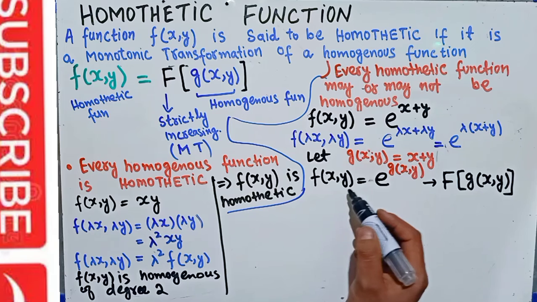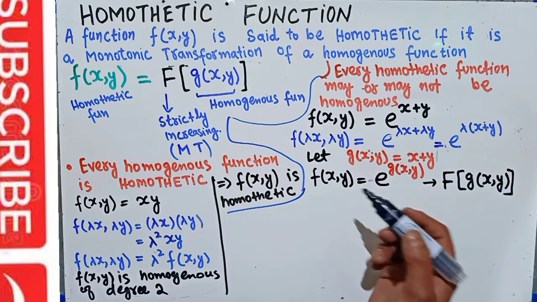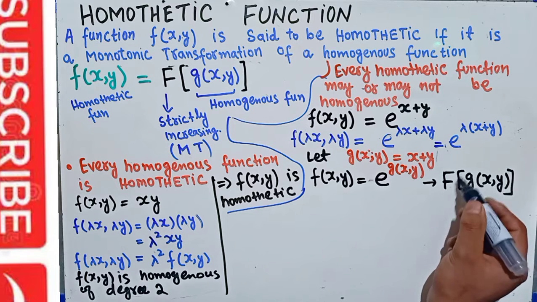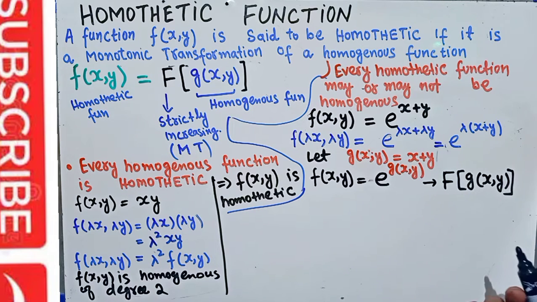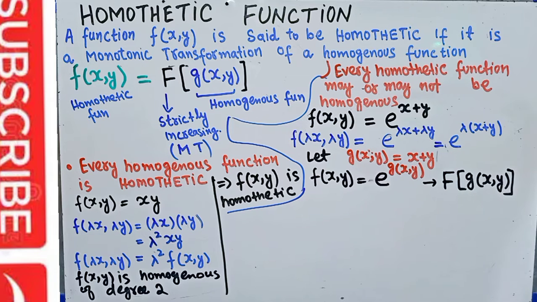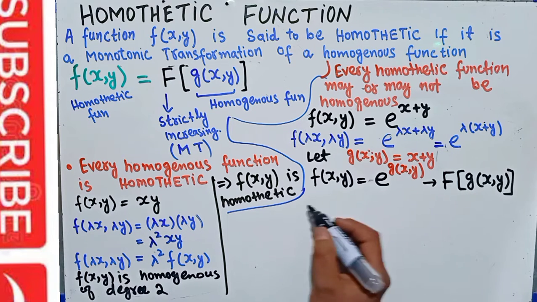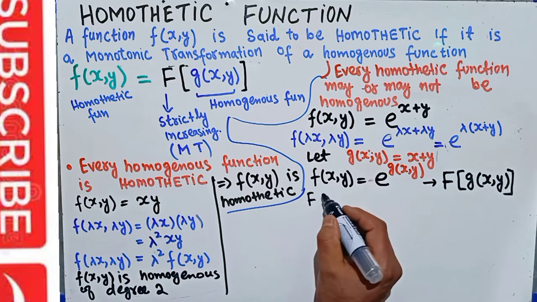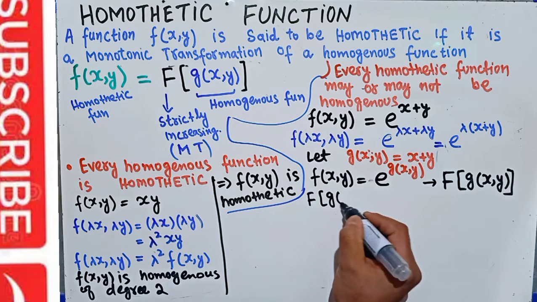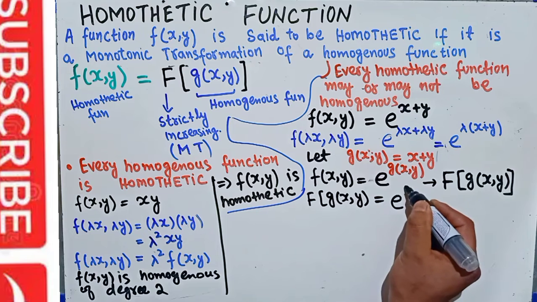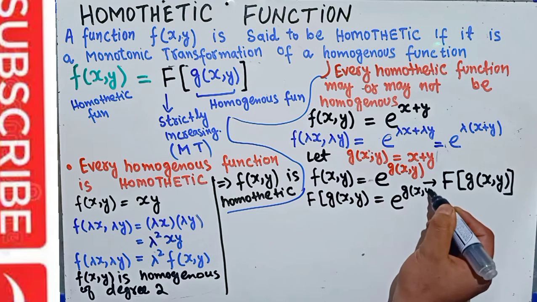Now the next thing is, we need to prove that this capital F is a monotonic transformation, or a strictly increasing function. So if I rewrite it, we got f of g of xy is equal to e to the power g of xy.